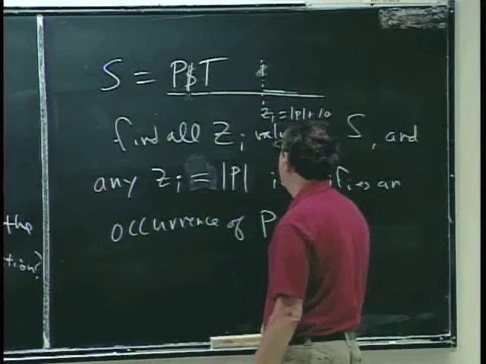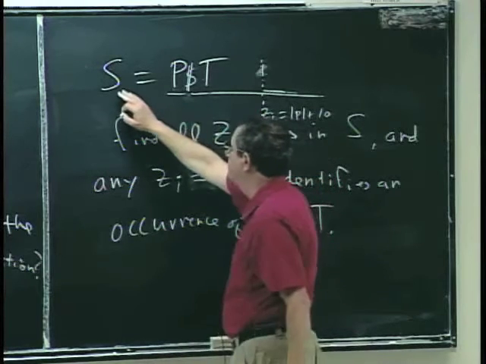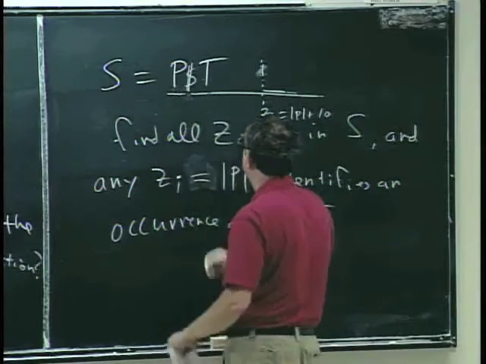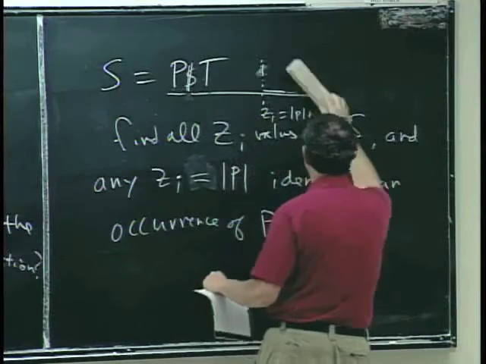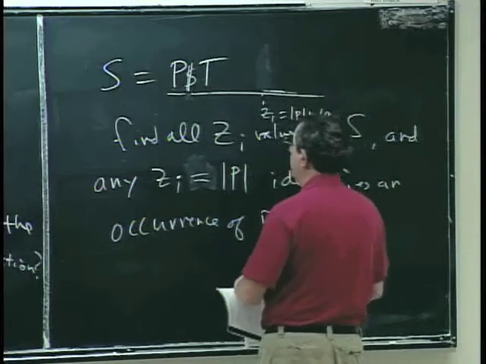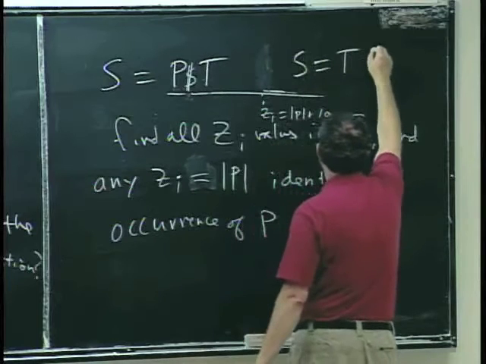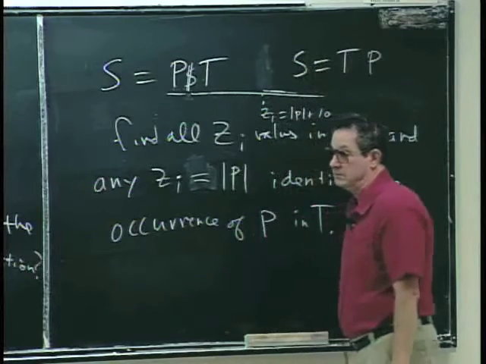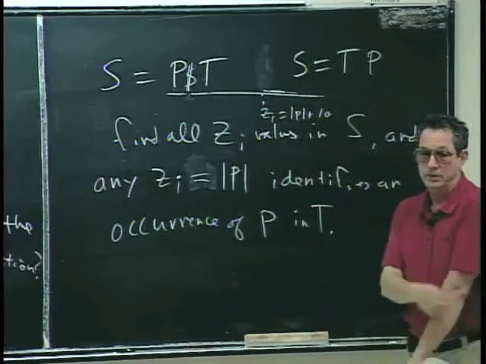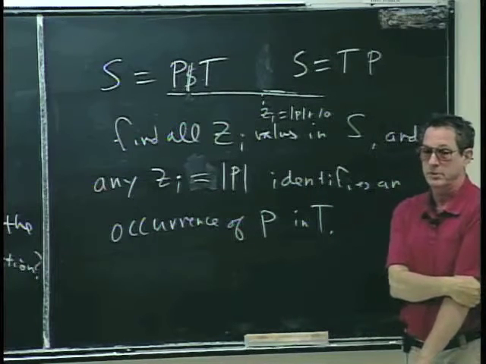By the way, what would happen if instead of forming S equals P followed by T, you reversed that and had S equal to T followed by P? Would that work for solving the pattern matching problem?